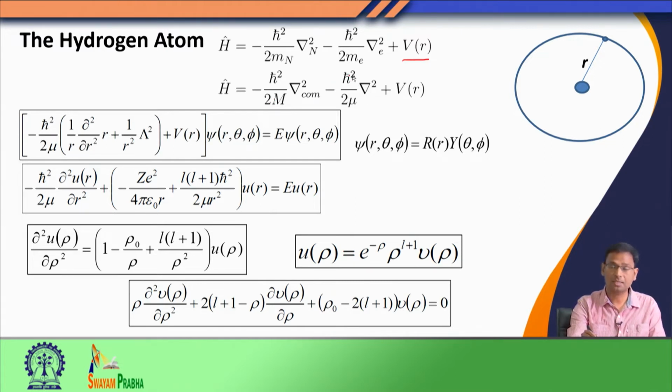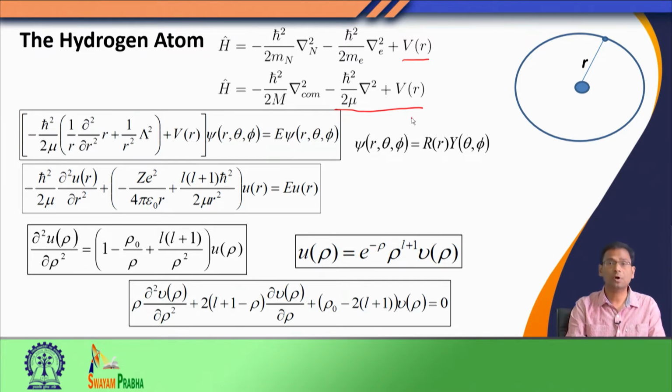The second term that we see relates to the internal degree of freedom, or the kinetic energy associated with the internal degree of freedom, that is the distance between the electron and the nucleus. To get this kinetic energy term and the potential energy term together, they constitute the internal Hamiltonian of the system.